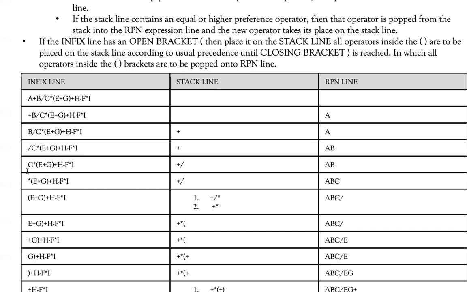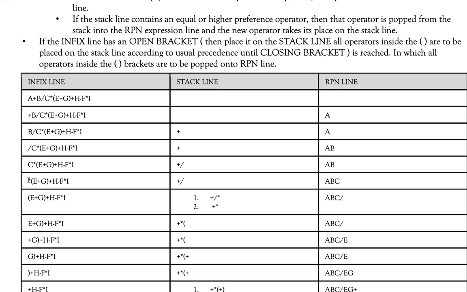After the division sign has entered the top of my stack, we have a C. Since C is an operand, without any decisions, I will simply place it in my RPN line. Then we have a multiplication sign here. Now, the thing about multiplication is that it has the same precedence as division. This is where my second rule comes in.